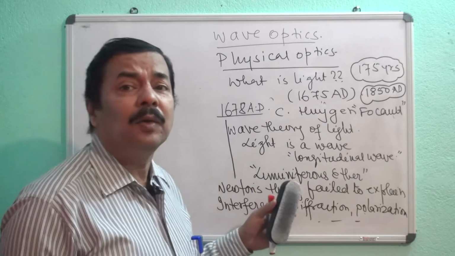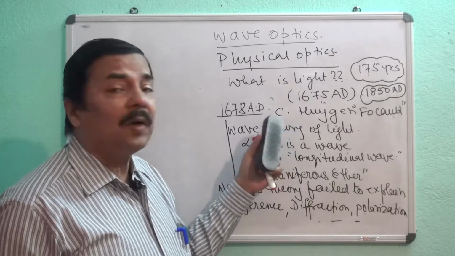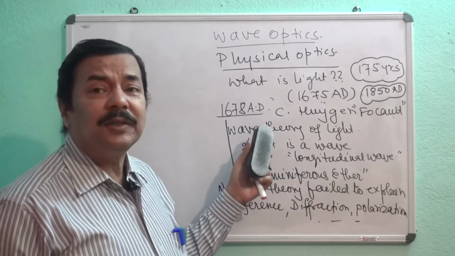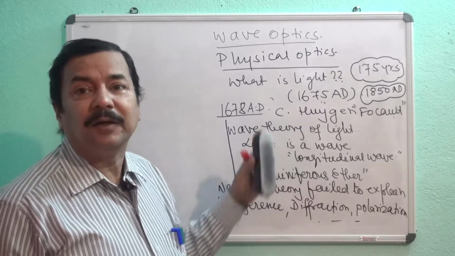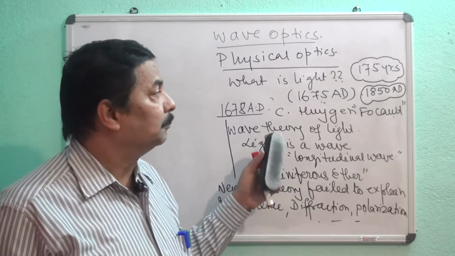So as a result, there was an experimental contradiction between Newton's assumption and the experimental result. So finally Newton's theory was discarded.